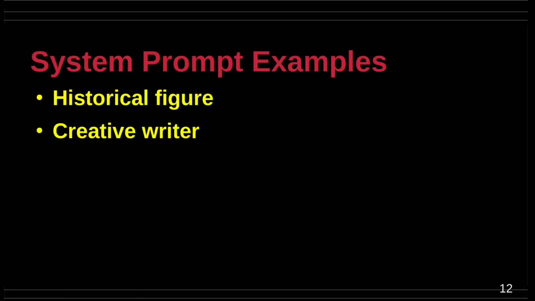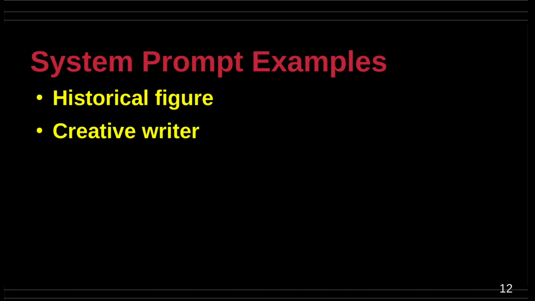The system will attempt to answer in the celebrated style of Carl Sagan, incorporating his classic phrases and perspectives. The second example is that of a creative writing persona. System prompt: you are a science fiction novelist. Craft your responses as if you are telling a story. User prompt: describe the city of Shangri-La.